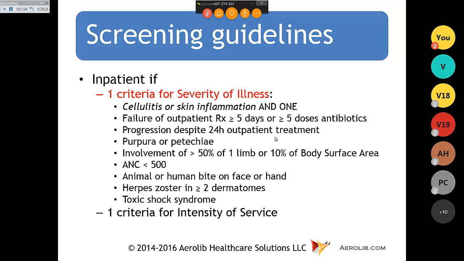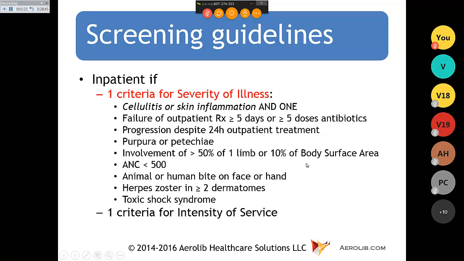So they didn't create this criteria. It's been around. They've just compiled it into what seems like, yes, this would justify a hospital stay. Animal bites, herpes zoster, toxic shock syndrome.